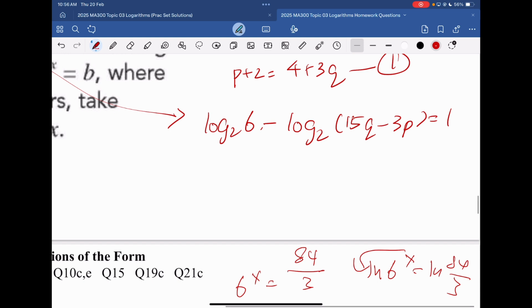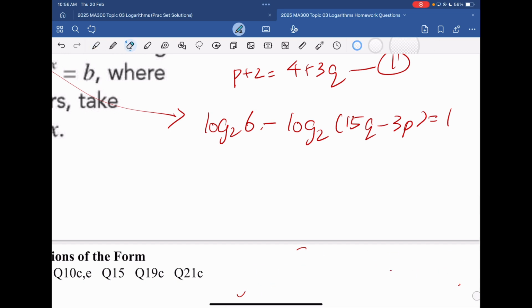If I want to pack, what will I do? What law am I using here? What law? It starts with a Q. The quotient law. So log 2 of 6 over 15q minus 3p equals 1.